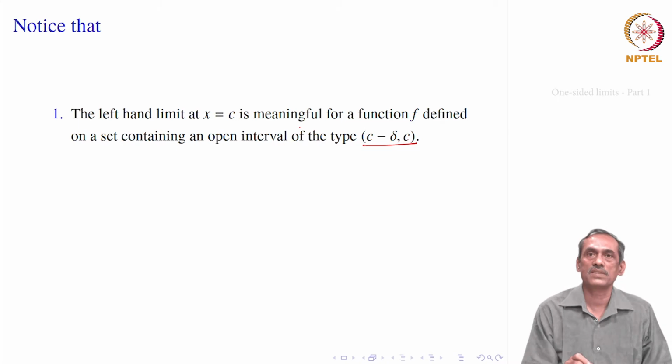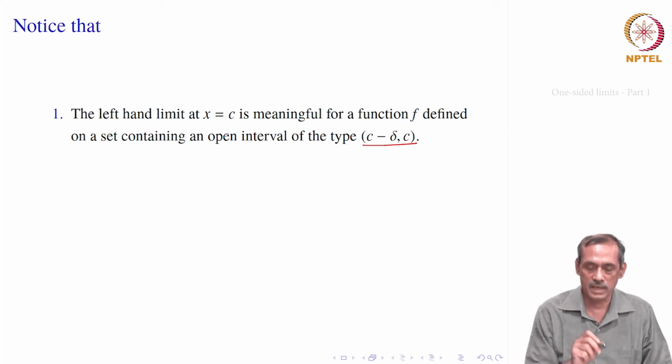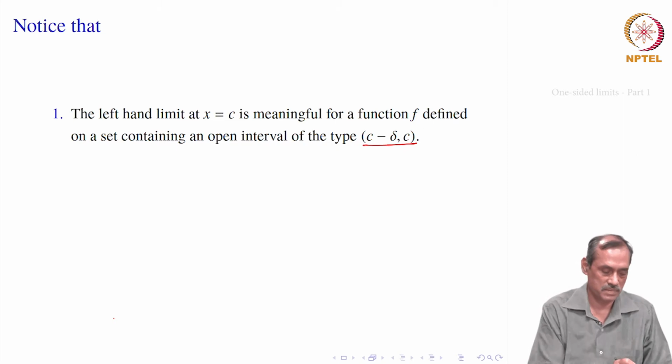Function should be defined on such a neighborhood, then only we can talk of limit. Similarly, here we would say that the function should be defined from c minus delta to c, then only we can think of its limit when x lies smaller than c, that is the left side limit.